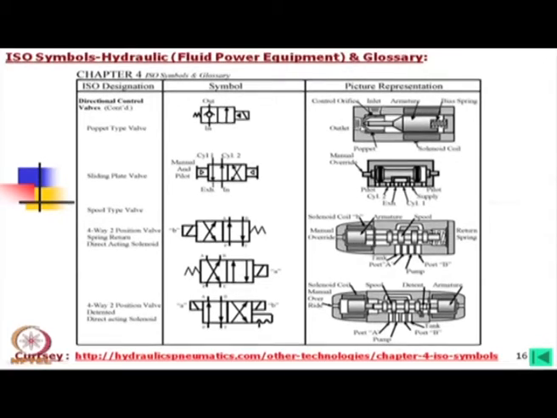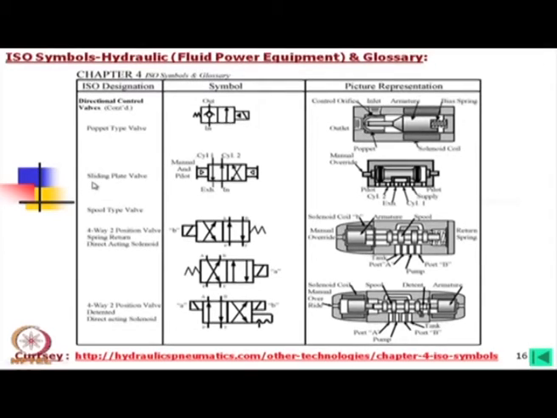That means we can push this through this inlet and then the oil is coming in and going out when we are moving this. So, this symbol is used for this component.